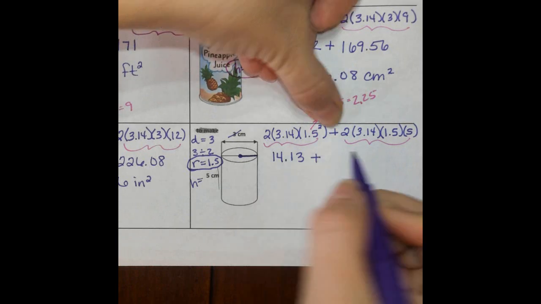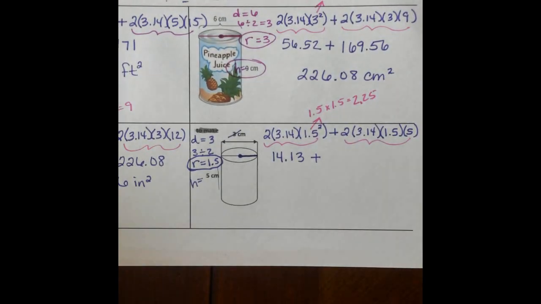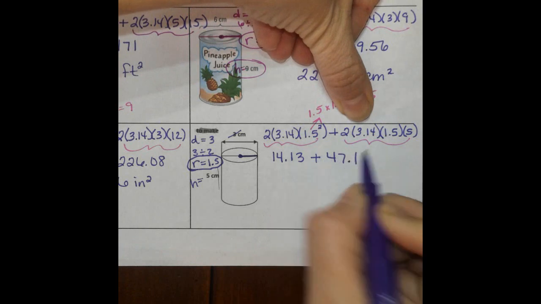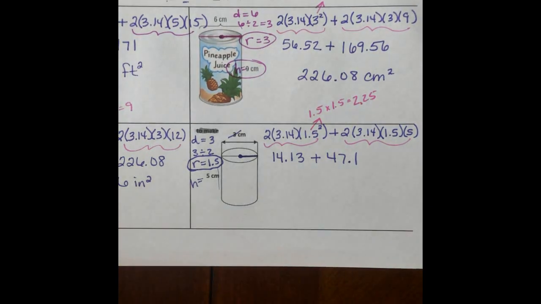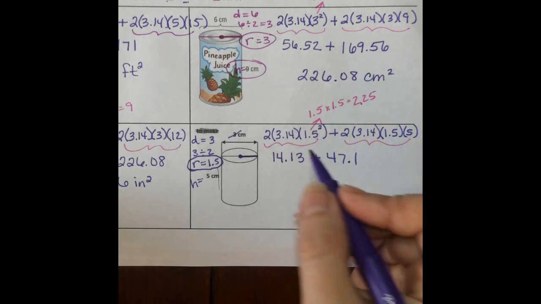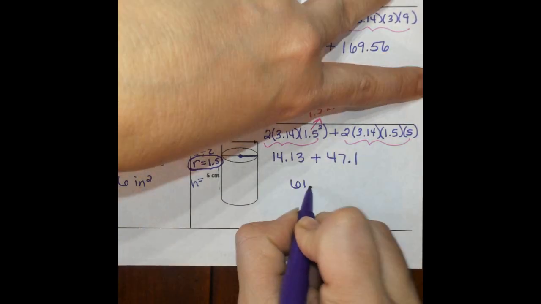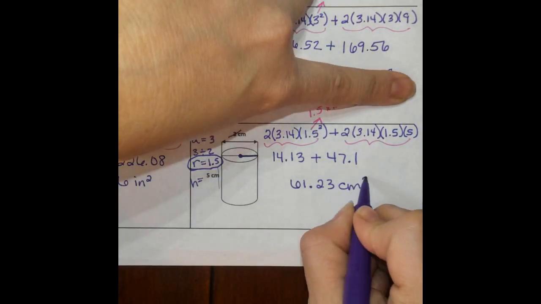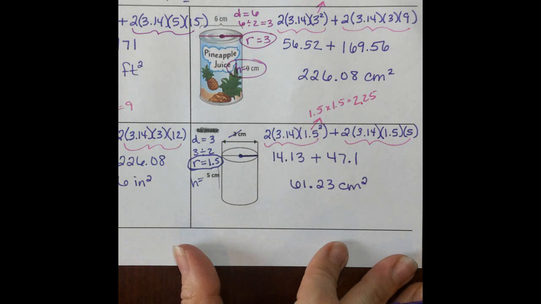Bring down the plus sign. 2 times 3.14 times 1.5 times 5 gives me 47 and 1/10. Last step is to add those two together, and we come up with 61 and 23 hundredths. Our units are centimeters, so we do centimeters squared because it's area.